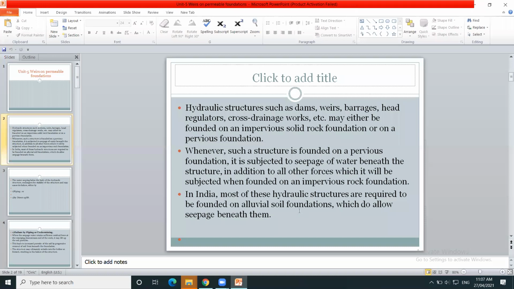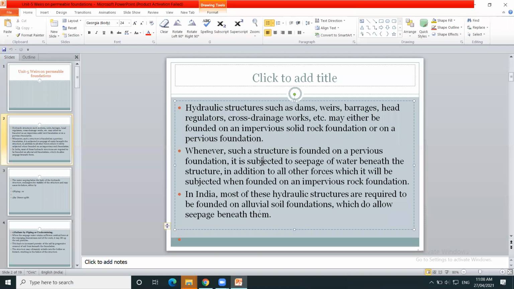In India, most of these hydraulic structures are required to be founded on alluvial soil foundation. Generally the hydraulic structures are founded on alluvial soil, which allows seepage beneath the structure. The hydraulic structure may be a dam, weir, barrage, head regulator, or any cross drainage work.